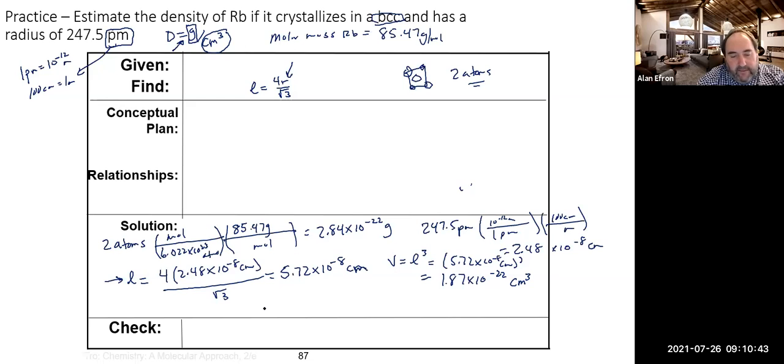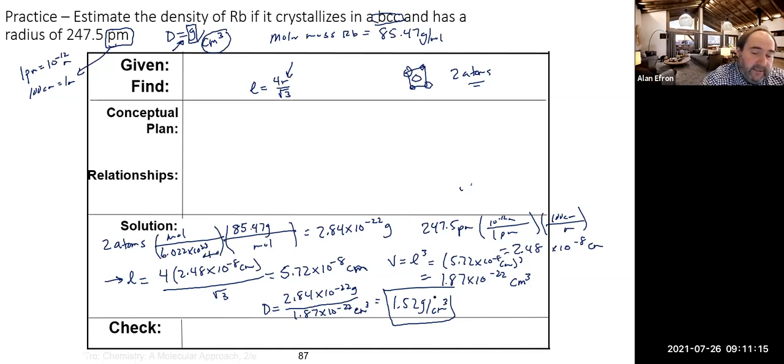Our density will equal our mass, 2.84 times 10 to the minus 22 grams, divided by our volume, 1.87 times 10 to the minus 22 cubic centimeters, which ends up giving us a density of 1.52 grams per cubic centimeter.